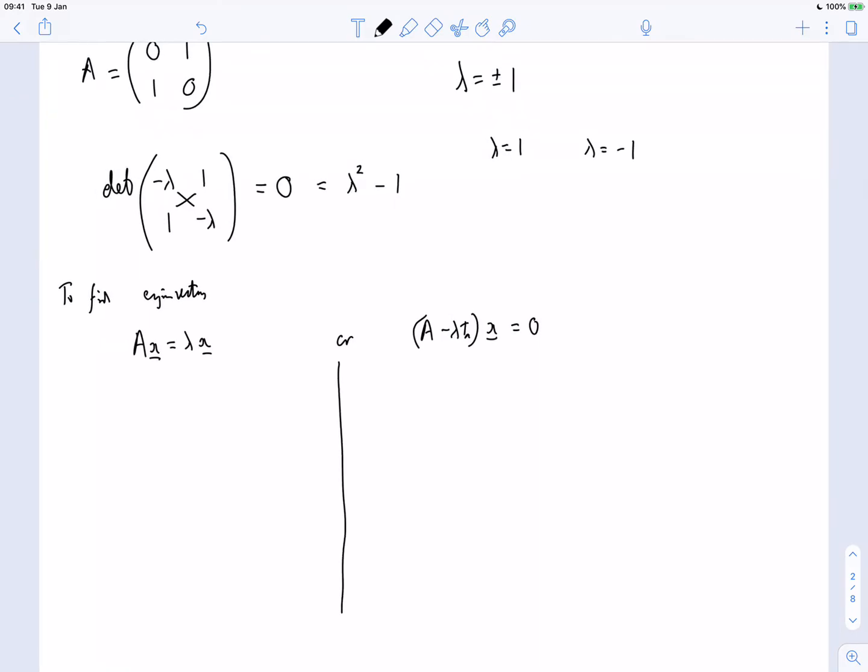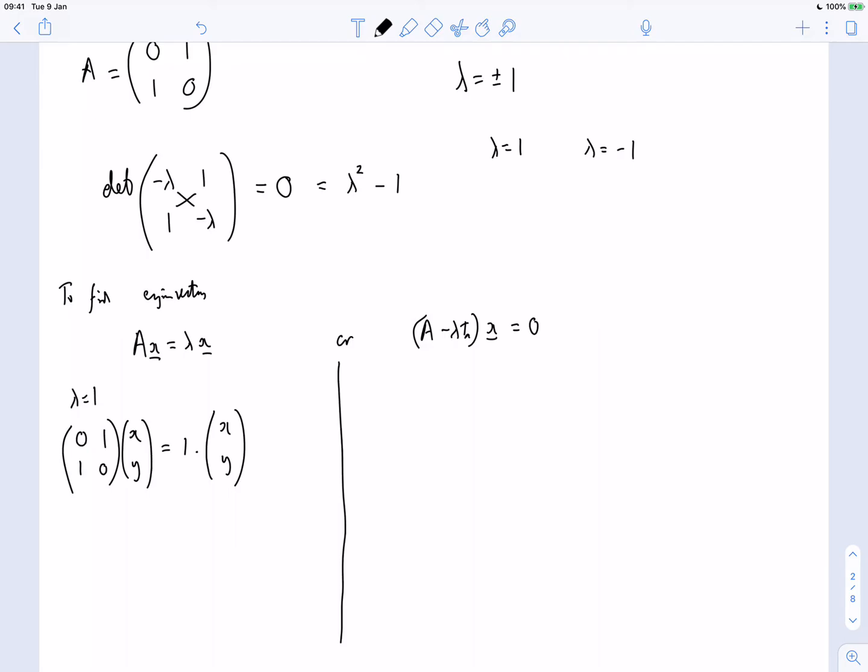So let's suppose for lambda equals 1, then I've got the matrix A, which is 0, 1, 1, 0, times some column vector x. Let's say x and y. And this equals lambda, which is 1, times that same column vector x, y.